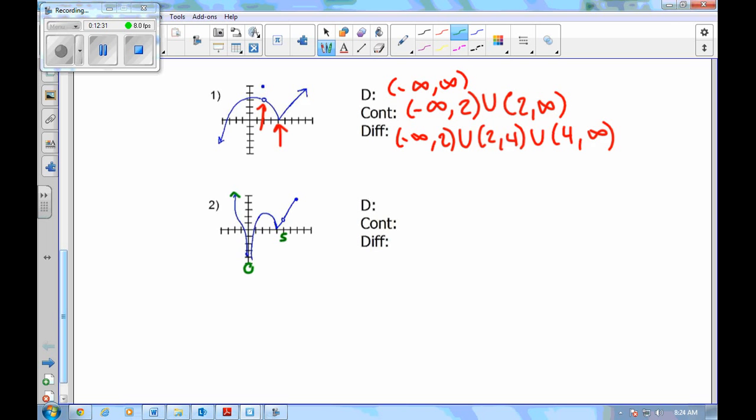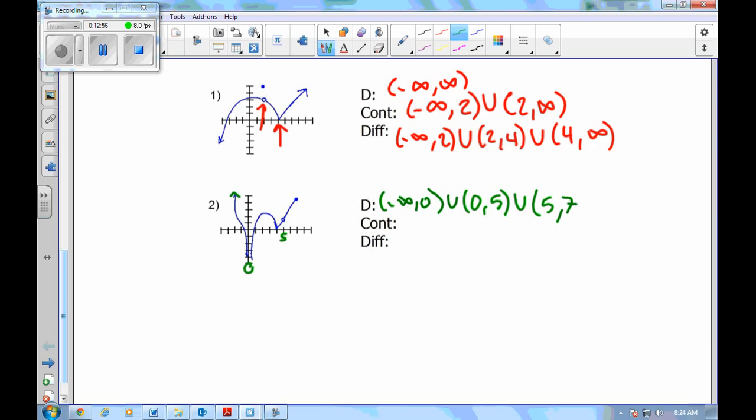So those are the points where we have to put parentheses for the domain. We go from smallest to largest, negative infinity to 0. We don't actually have a value at 0 because of the vertical tangent line, or the vertical asymptote. Union 0 to 5, union 5 to infinity.